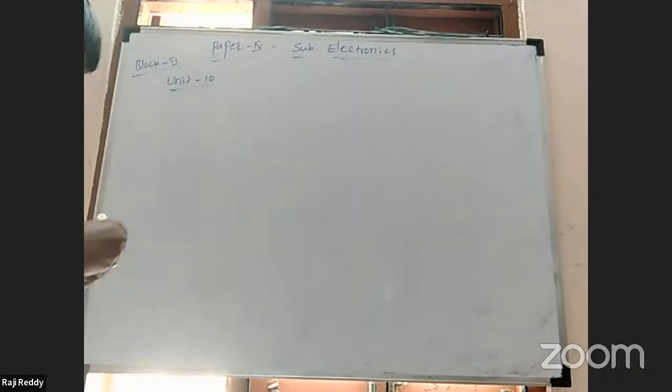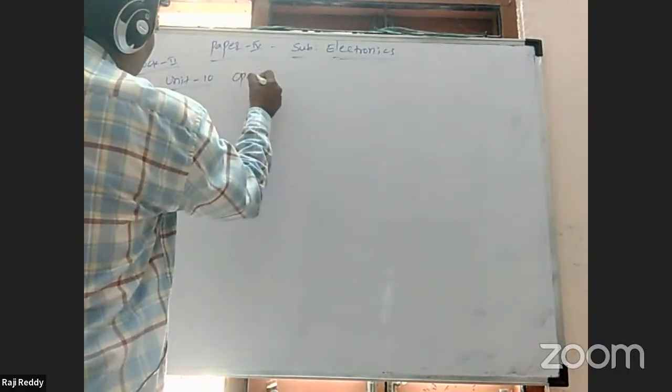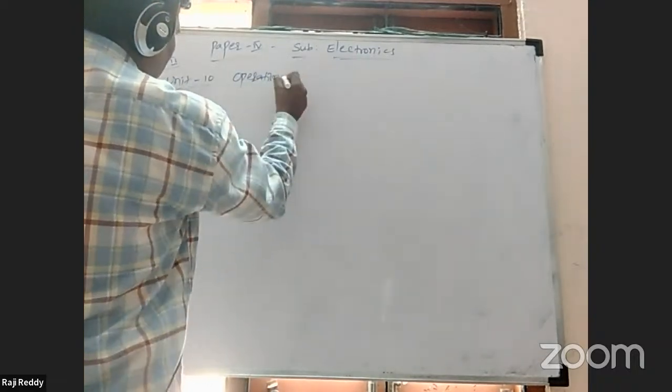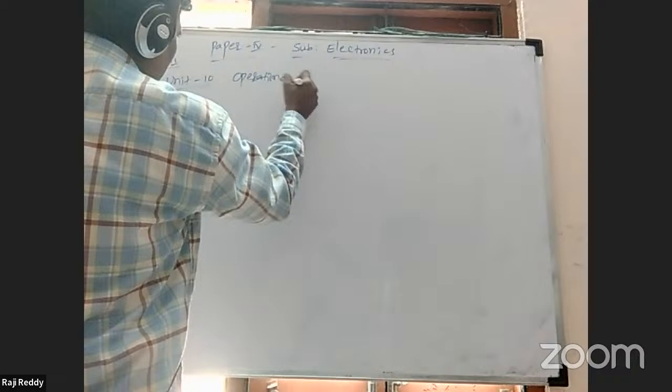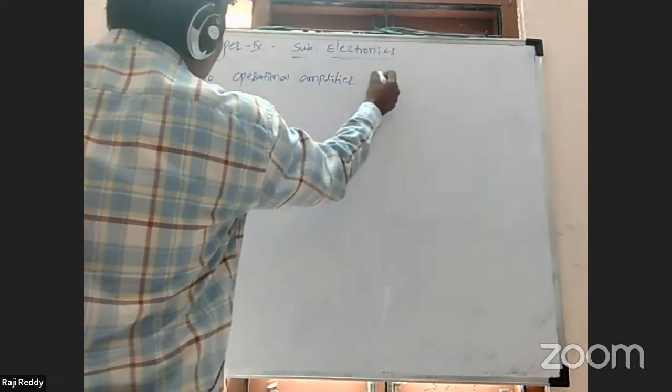Here, second block, unit number 10: Operational amplifier frequency.